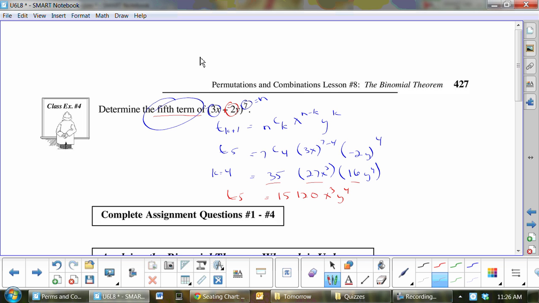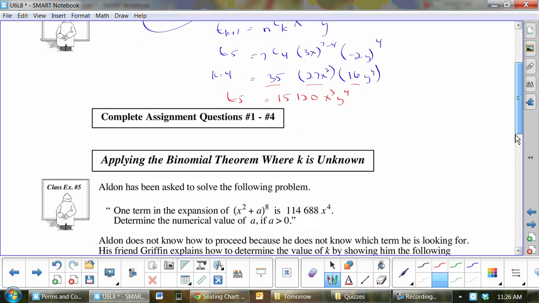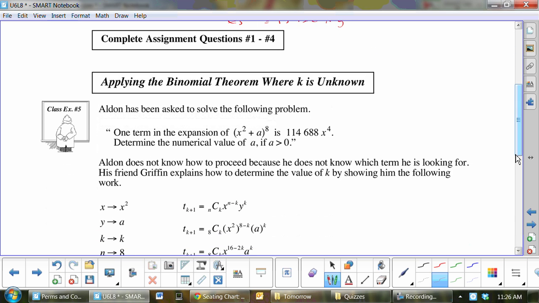Now, let's get to some other types of questions that would prove to be extremely challenging without this formula. If I expand (x squared plus a) to the 8th, I want you to think about that long thing with 9 terms in it.